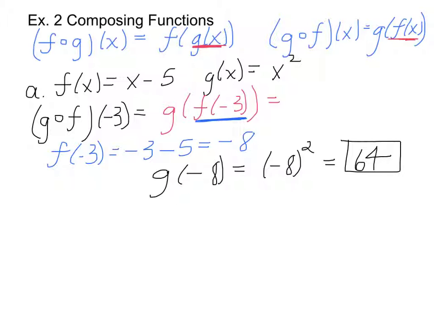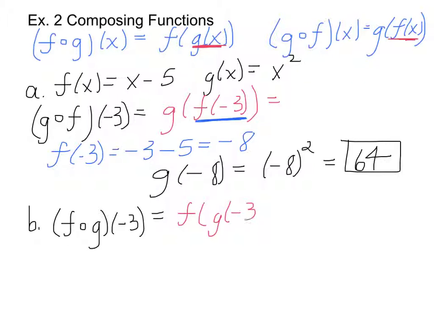Now, if they asked us for the other way around, and let's say we're going to use negative 3 again, I want you to see how it changes. So that means f of g of negative 3.